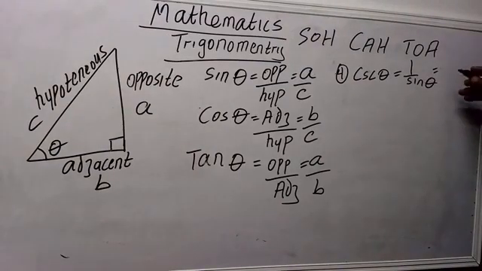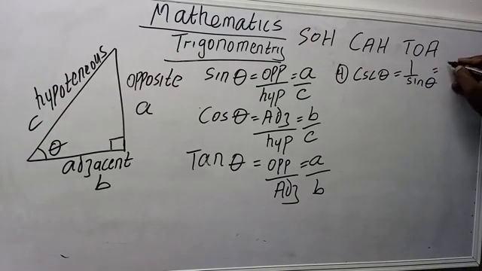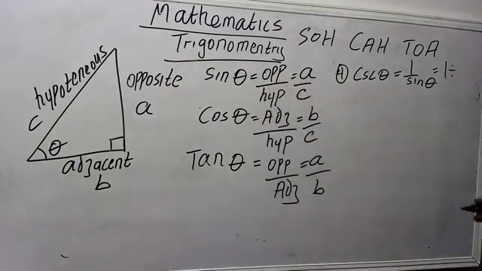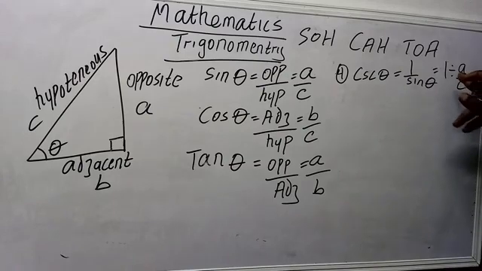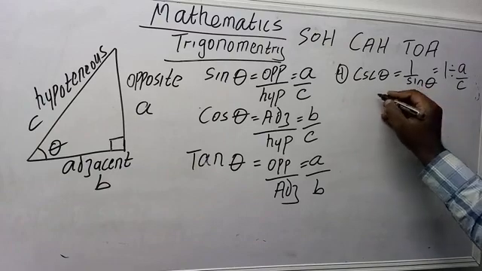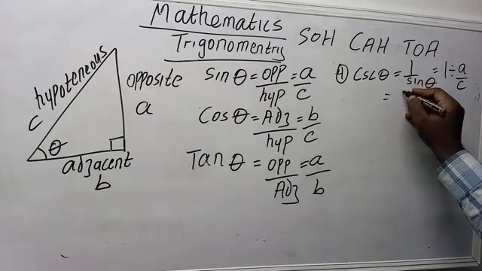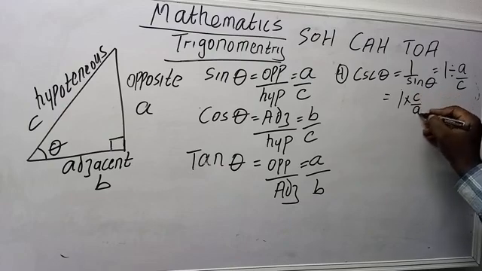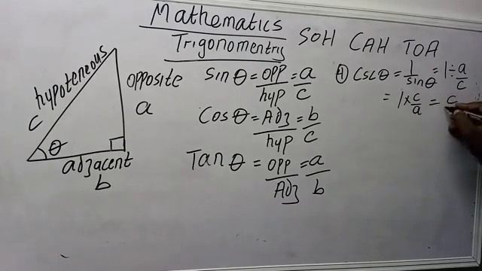We are saying 1 divided by our sine theta, which is A over C. Now, when you are changing this division to multiplication, the denominator will go up while the numerator will come down. So we have 1 times C over A. Your answer is C over A.